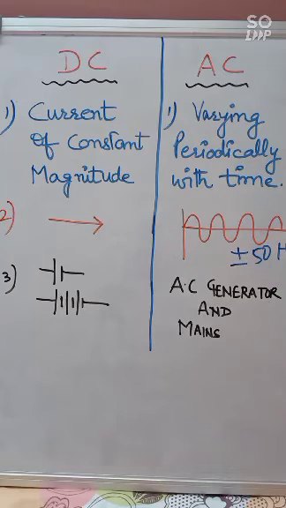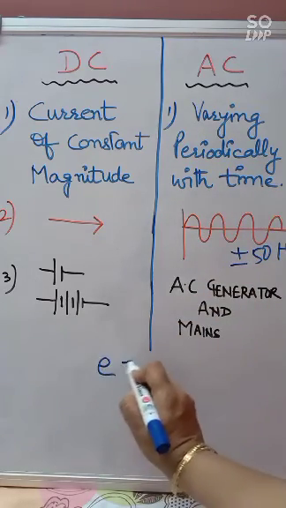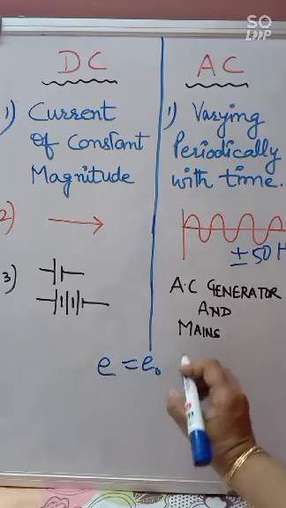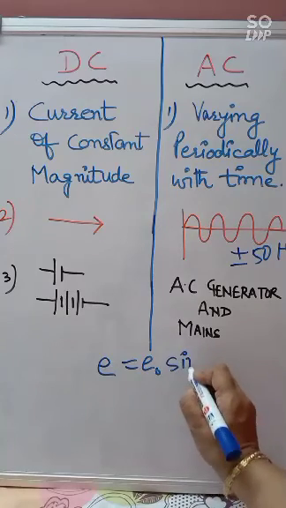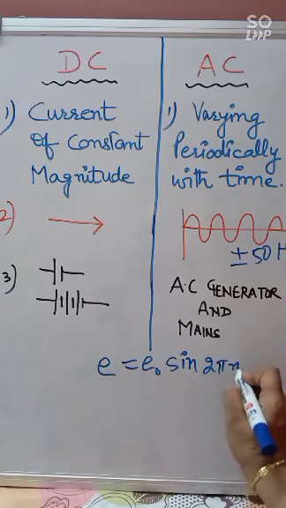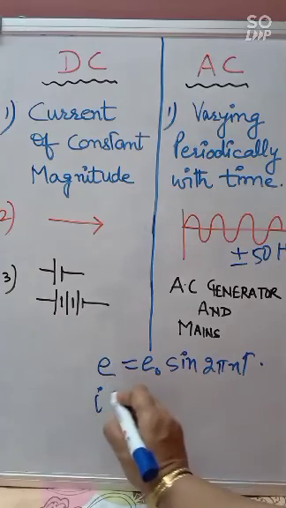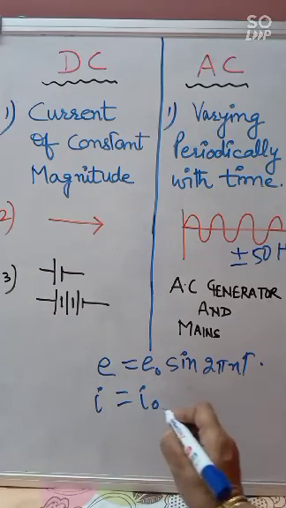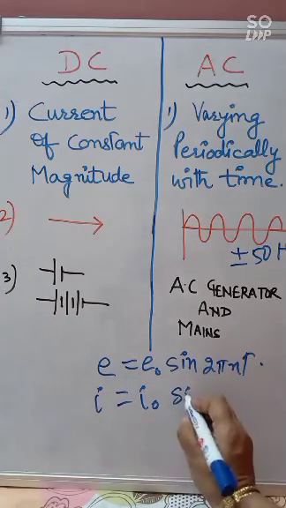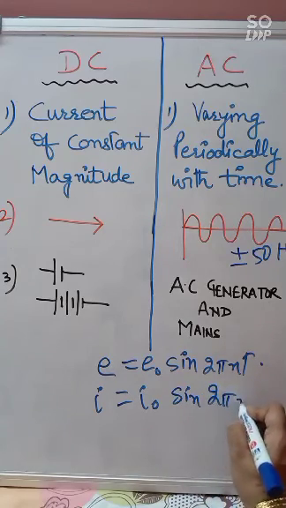So if the coil makes n rotations per second, the magnitude of induced EMF at any instant will be given by E is equal to E naught sine 2 pi nt, right? This is the frequency. And what about the current? The current is expressed as I naught sine 2 pi nt.